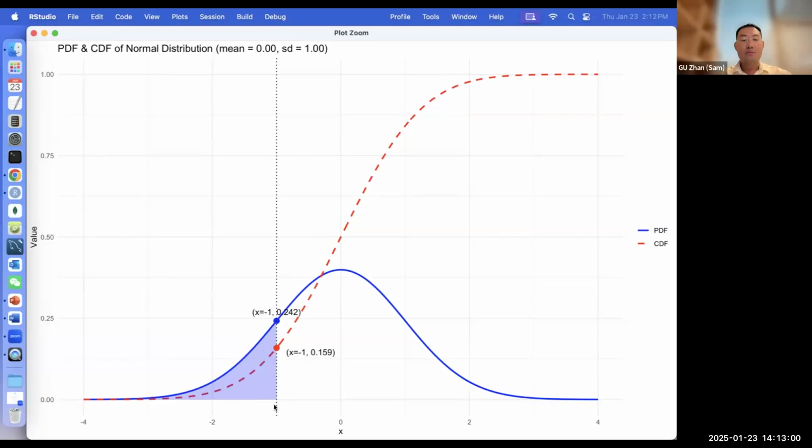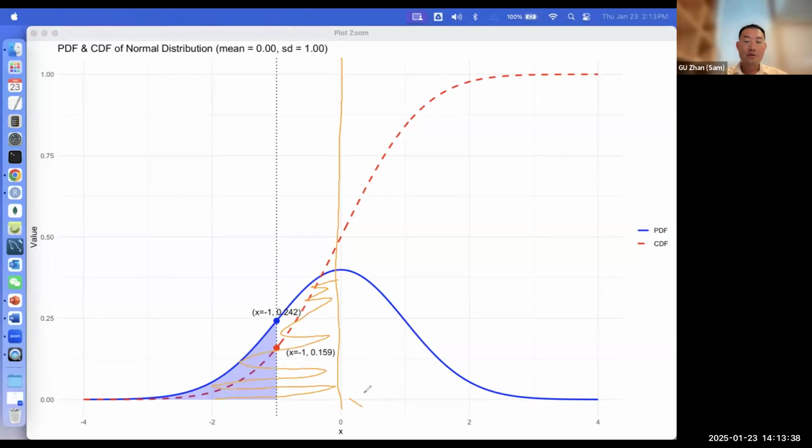When your x is moving from -1 approaching 0, you will observe this blue area getting larger and larger. When you are approaching x equal to 0, the area under the blue curve to the left of this line will be how much? It will be 0.5, because the total area under this blue curve is 1.